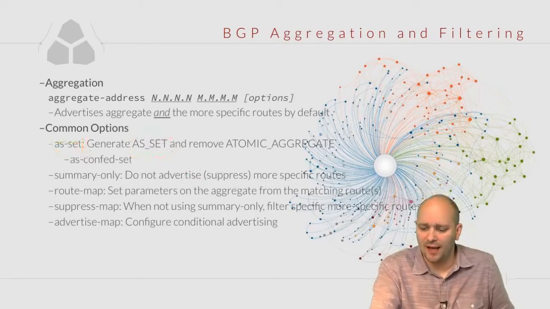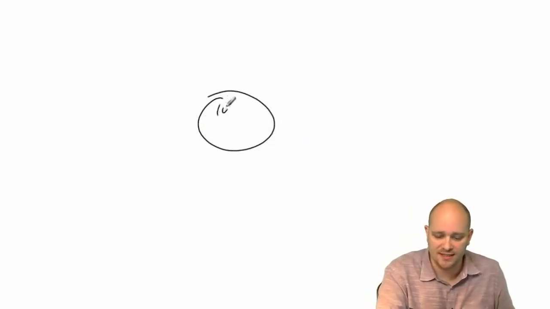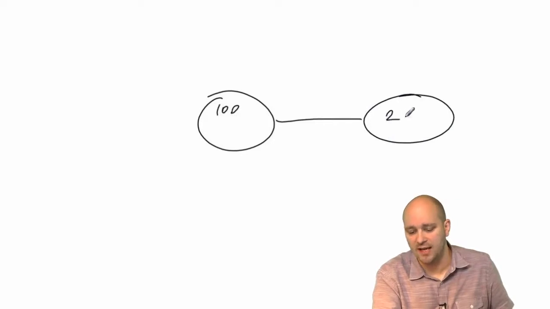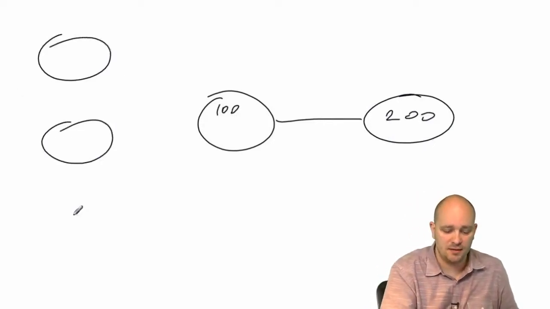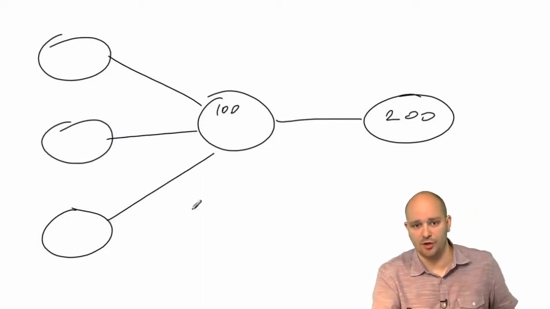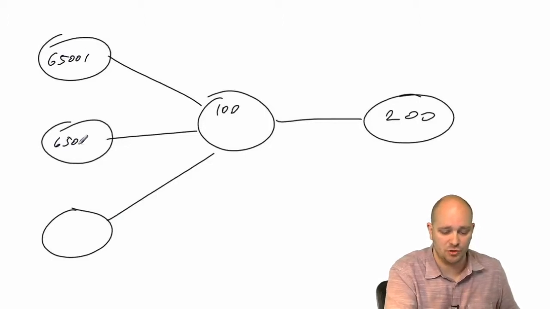If we take a look at a possible scenario, let's say that we have our autonomous system here. Let's say that this is autonomous system 100. This autonomous system 100 has peering with AS 200. And this autonomous system here, let's say, has peerings with 3 other autonomous systems, 65001, 65002, and 65003.